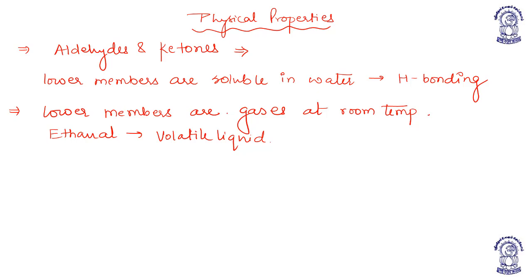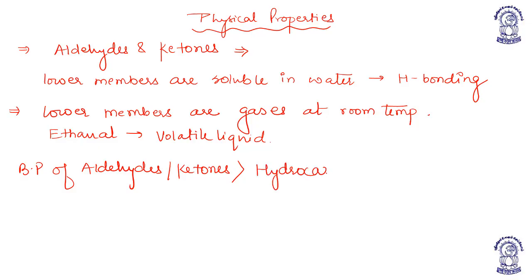Other aldehydes and ketones are liquid or solid at room temperature. The boiling points of aldehydes and ketones are greater than hydrocarbons of comparable molecular masses, because of dipole moment. Okay.